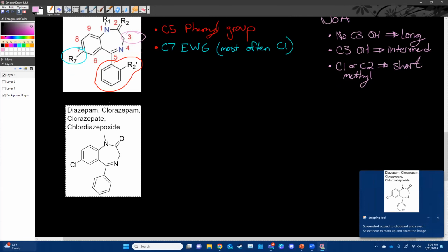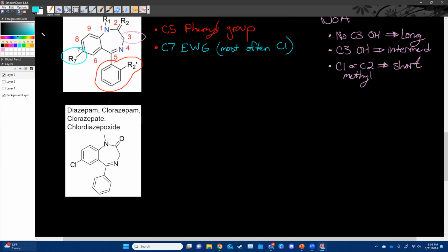So, taking a look at the first group, our long-acting benzodiazepines. We have our C5 phenyl group.